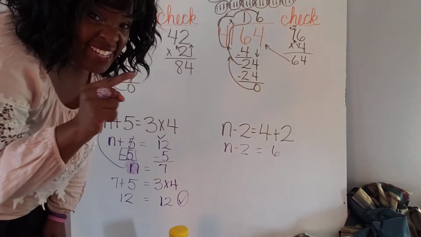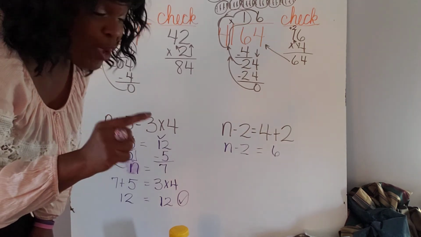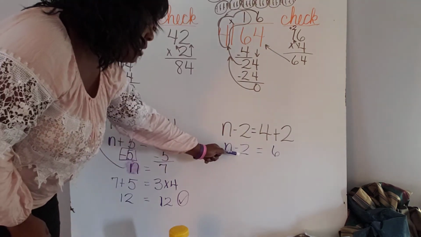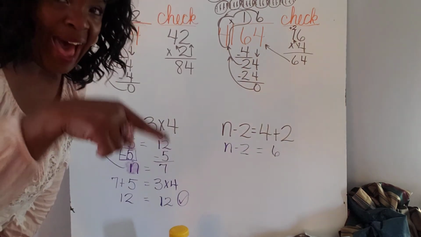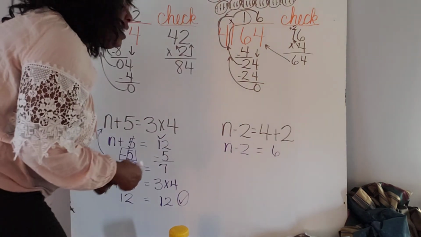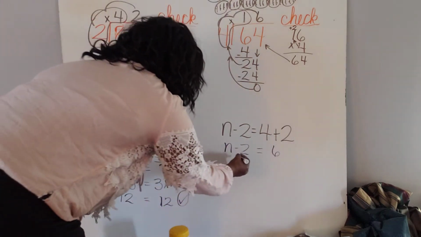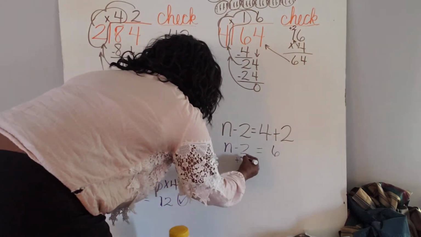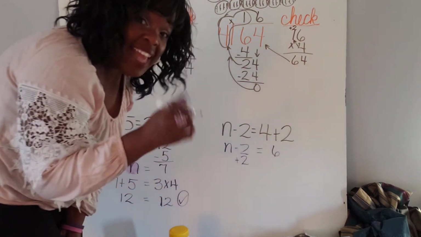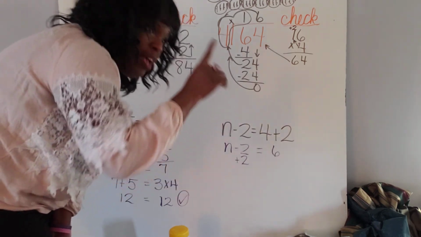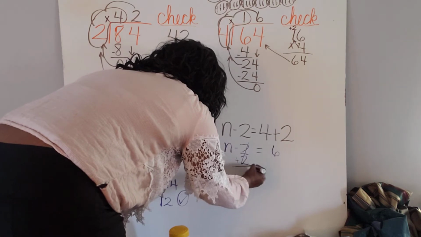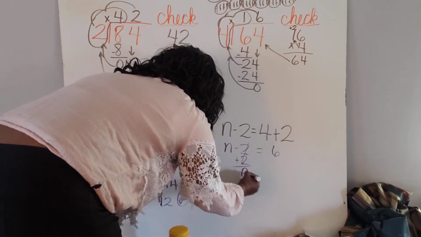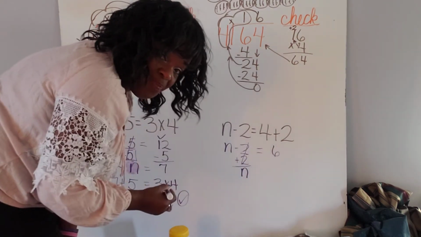It's negative or minus 2. So if this is a subtraction, what do we have to do? The opposite process, which means we need to add 2 to make sure we can get rid of that 2, because negative 2 plus 2 equals 0, right? So cross that out, and that leaves us with just n on this side.